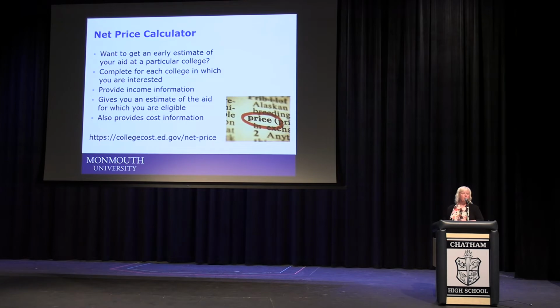Now, one of the things about the net price calculator is there's not one place to go to just do this. They're all specific to each of the colleges. But I do have one little time saver. The link at the bottom of the screen will take you to a site where you can enter the name of the school in a box, and it will take you directly to that school's net price calculator, because you could have to spend a little time digging on a school's website to find it.